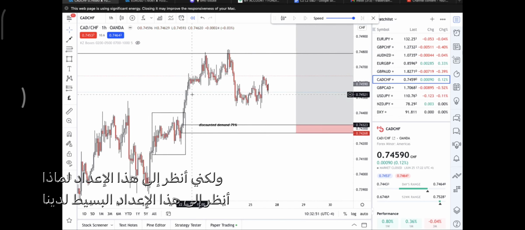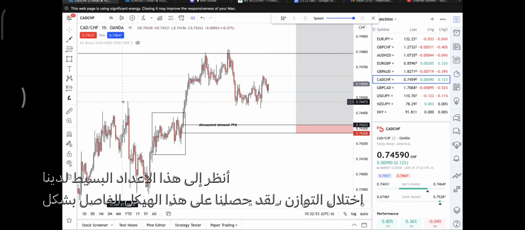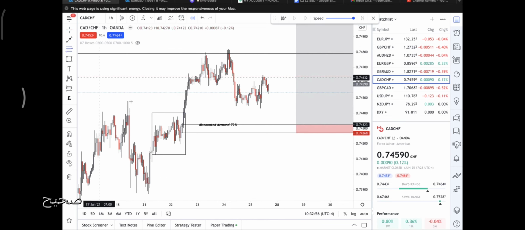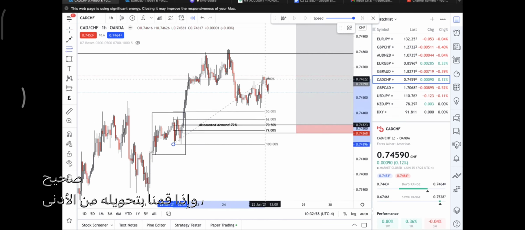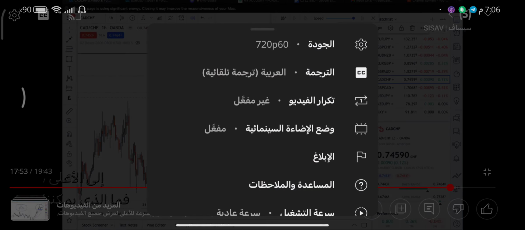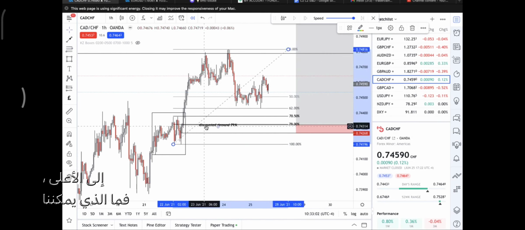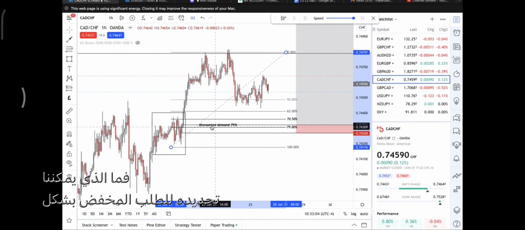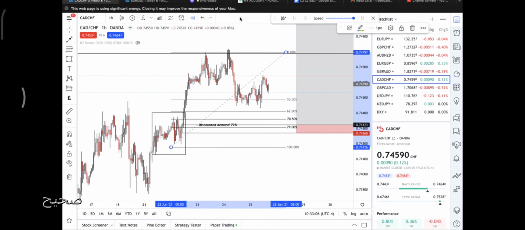Why am I looking at this setup? Simple. We have imbalance. We got that break of structure, right? And if we fib it up from the low to the high, what can we identify? A discounted demand, right?